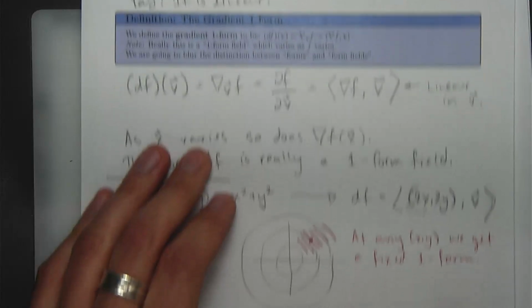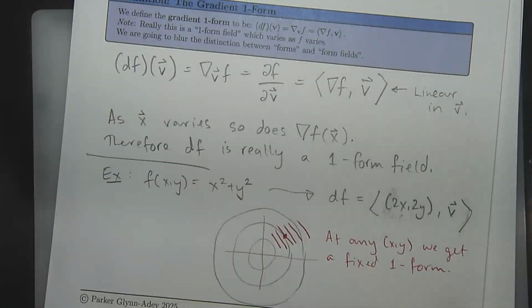And then the level sets of the function will always be tangent to the level sets of your one form. Do people want to check on or ask about anything?